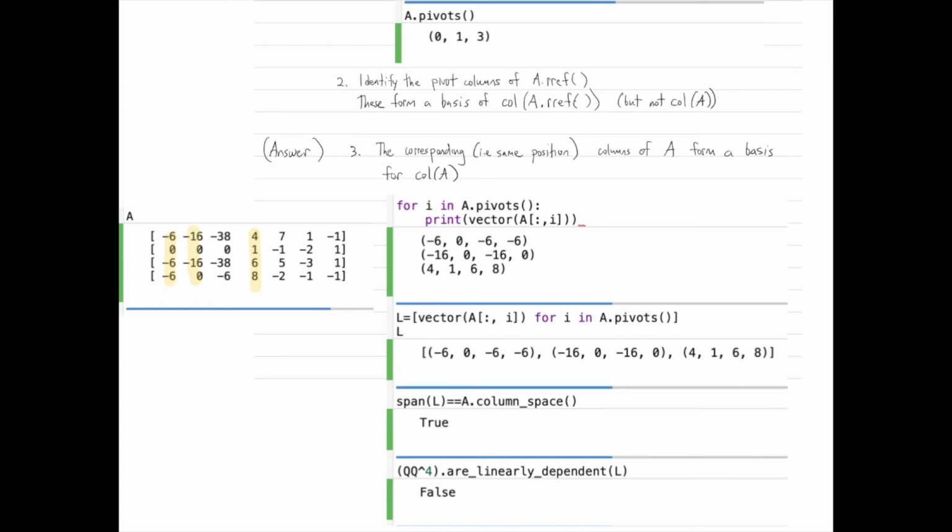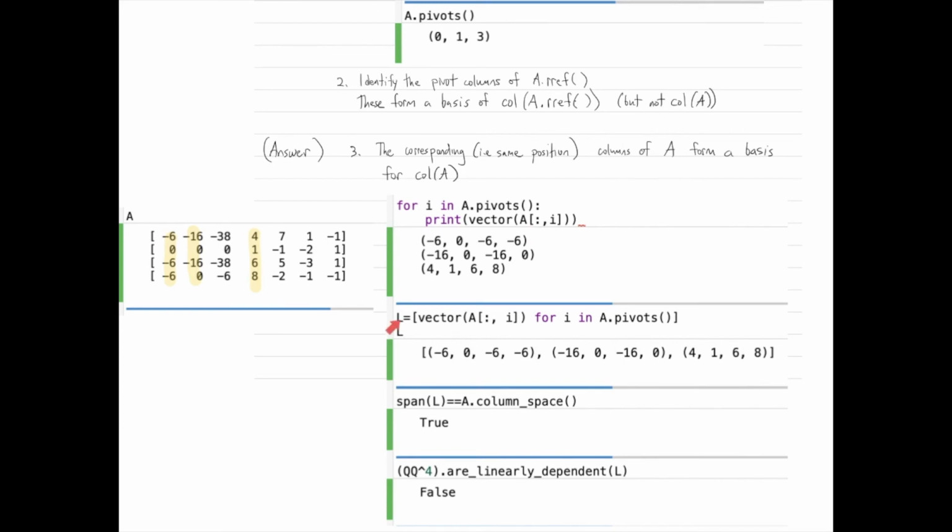Now Sage, when I turn this into a vector, makes this column a row vector. That's okay. And then similarly with i equals 1, we get the second column printed out, and then i equals 3, we get the third or fourth, depending on how you're counting, column printed out. Okay, so this was just how to extract these columns from this matrix A. You use this command or notation here.